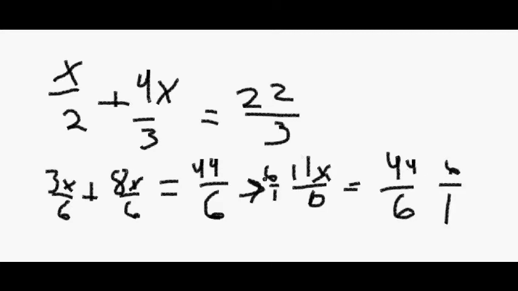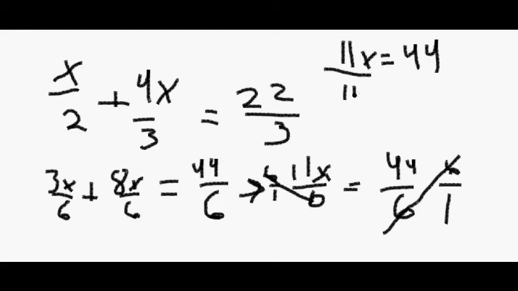These 6's drop out. Then we're left with 11x equals 44. Now we divide each side by 11. And after you do the math, you get x equals 4.